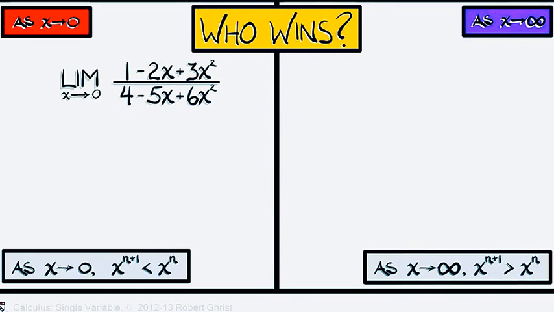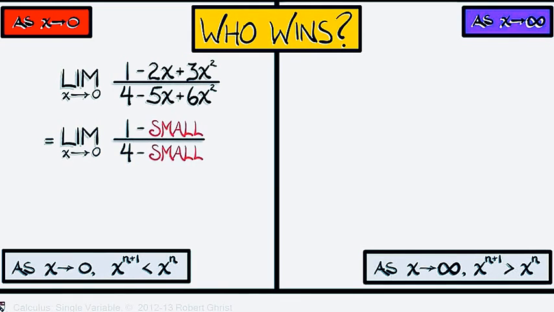The limit of 1 minus 2x plus 3x squared over 4 minus 5x plus 6x squared. Let's first consider the limit as x goes to 0. What does that become? Well, this one's really simple.